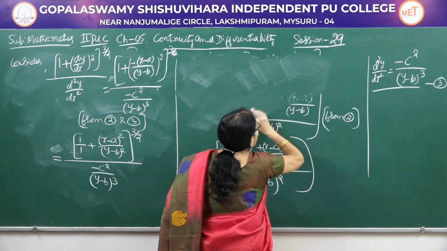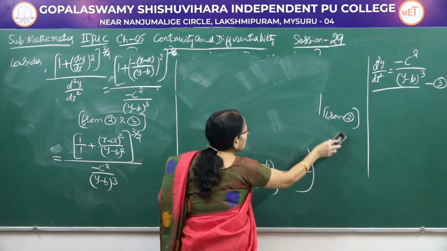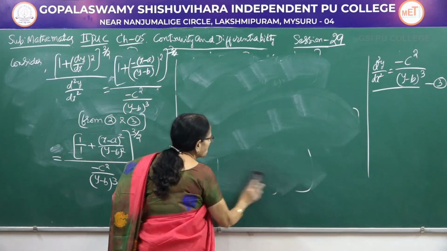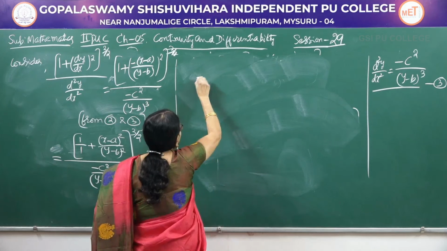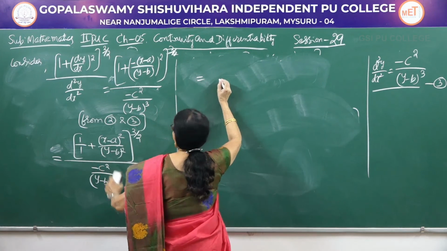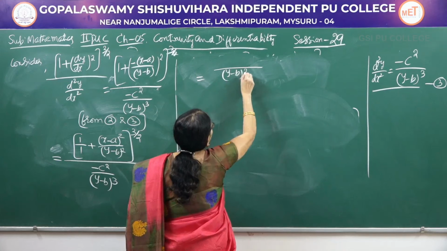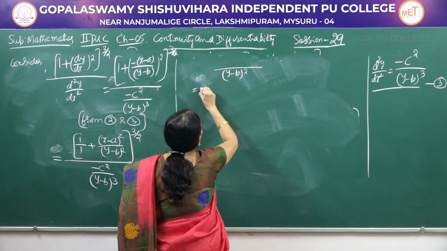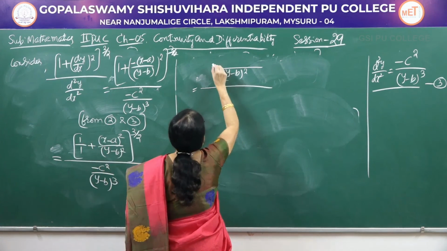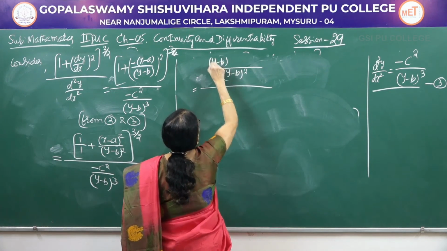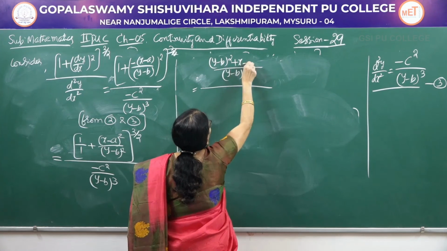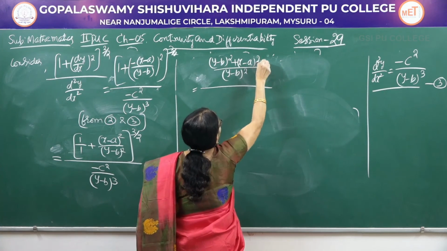Now, carefully simplify the numerator part. Take the LCM here because it is an addition of fractions: (y minus b) the whole square, and here 1 means it is (y minus b) the whole square plus (x minus a) the whole square.